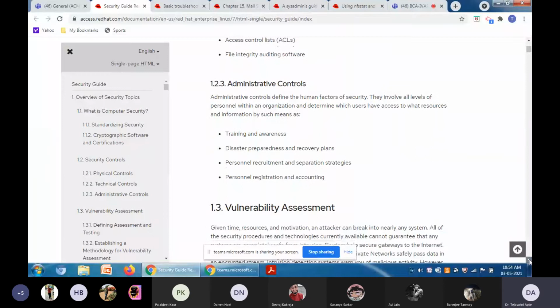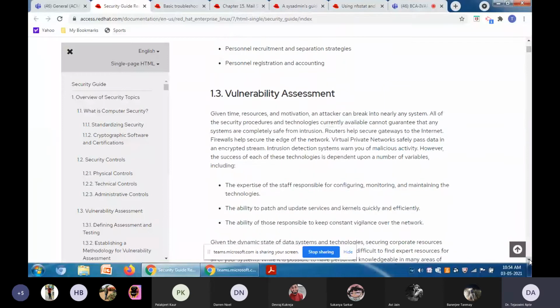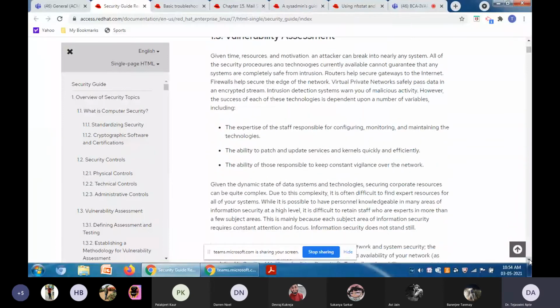The next thing is going to be the vulnerability assessment. When you take care of vulnerability assessment, an attacker can break into nearly any system. All the security procedures and technologies currently available cannot guarantee that any system is completely safe.